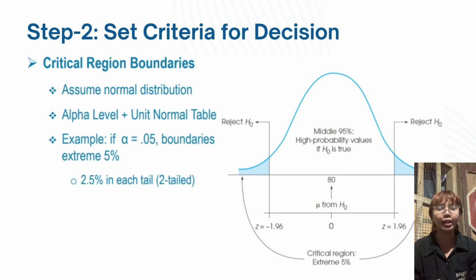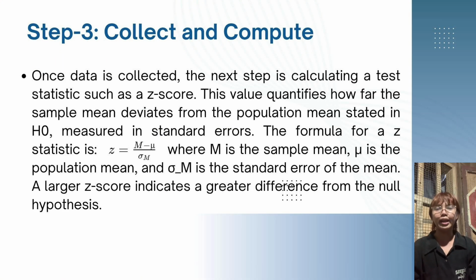If our calculated test statistic falls below negative 1.96 or above positive 1.96, we would reject the null hypothesis. In this slide, we're going to tackle collecting data and computing.